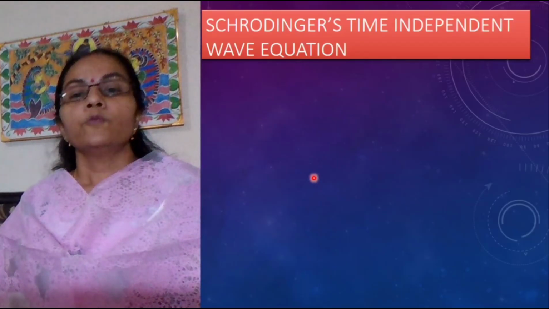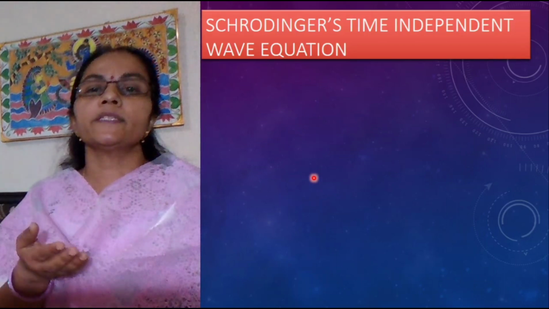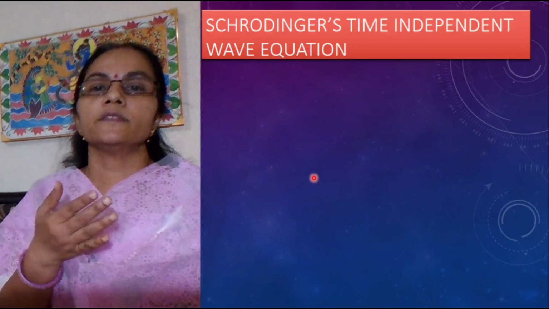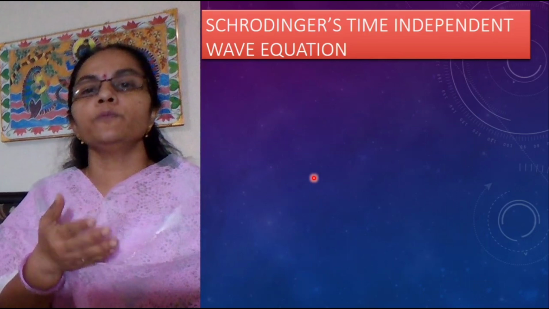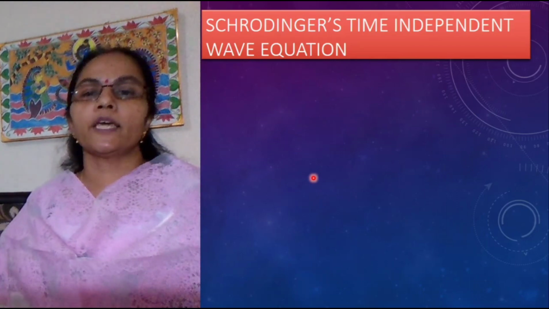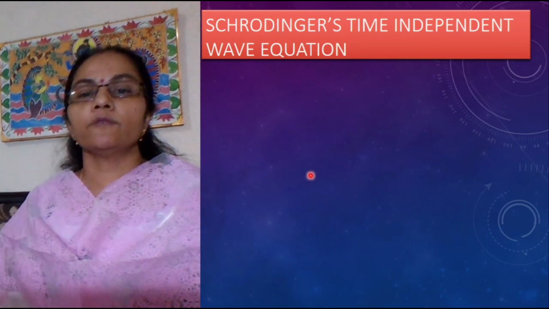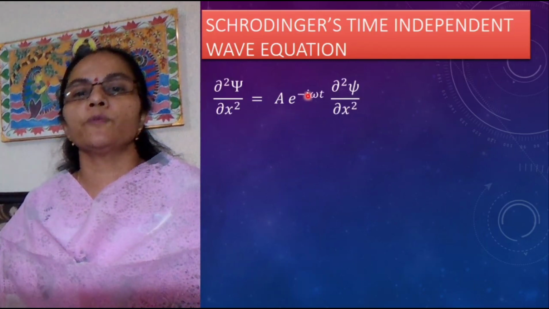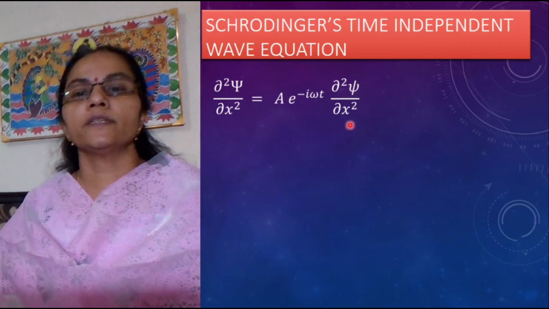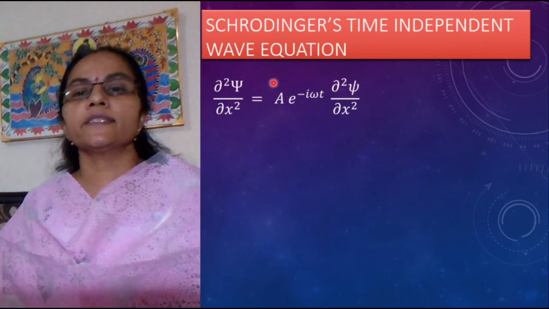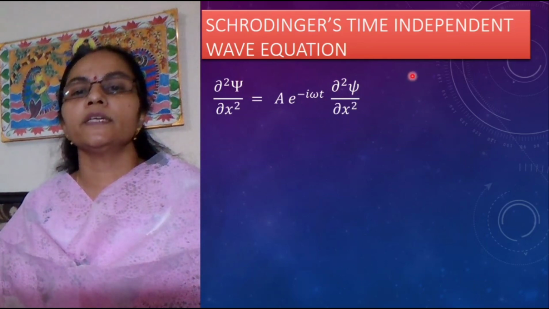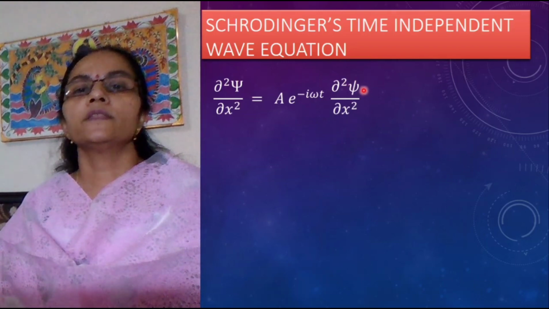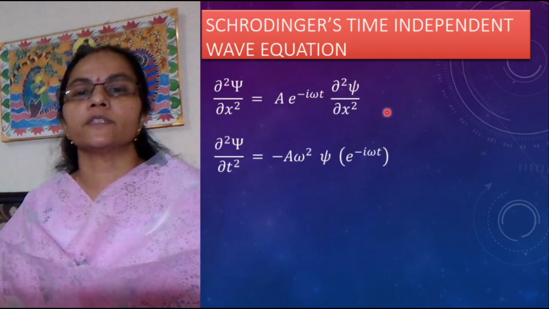Till now, what we have obtained? We have obtained the second derivative of the wave function with respect to position and with respect to time. We will see the results: del square psi by del x square is equal to a e to the power minus i omega t into del square psi by del x square, and this psi and this psi are different; this one contains both x and t, and this is only the spatial part of the wave function.